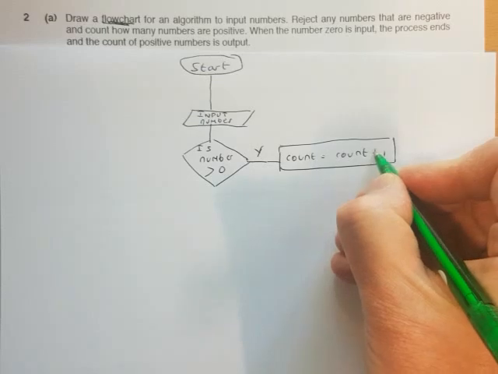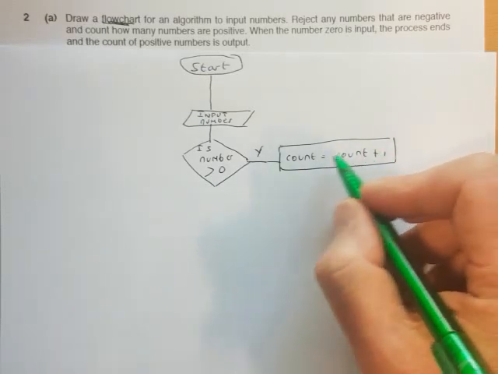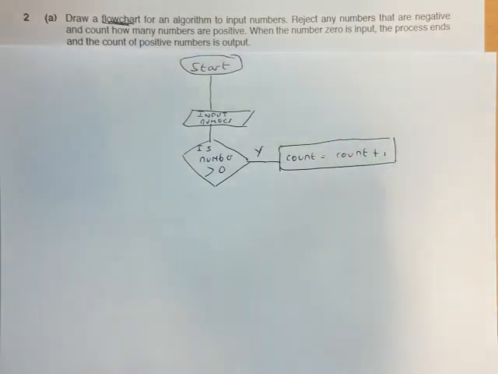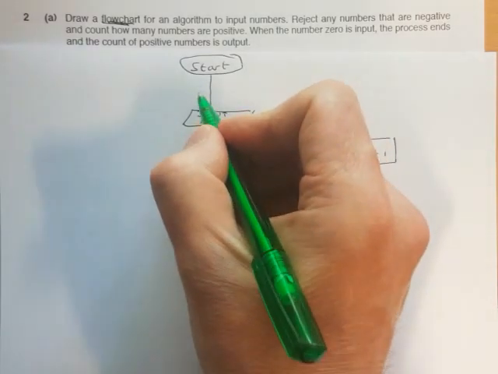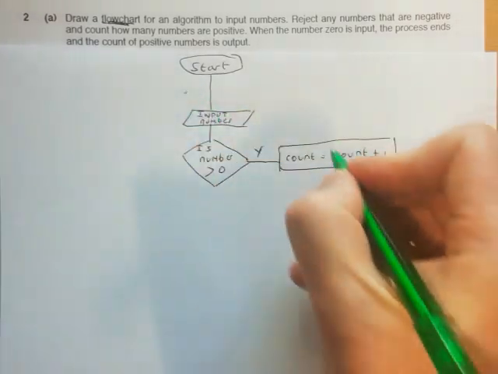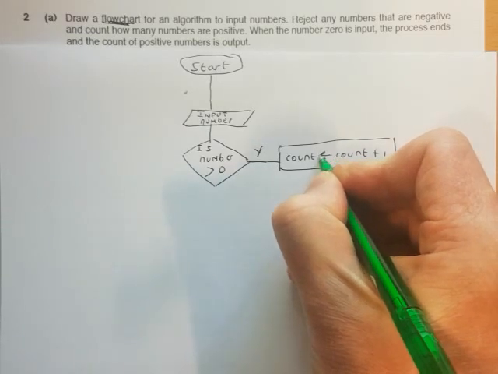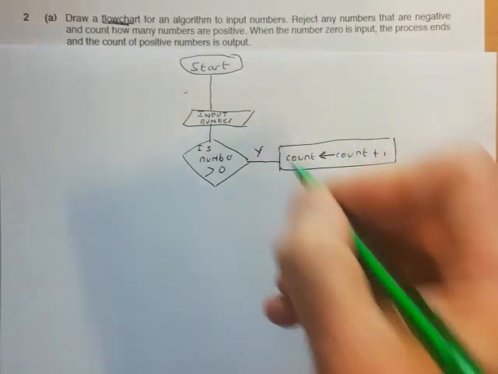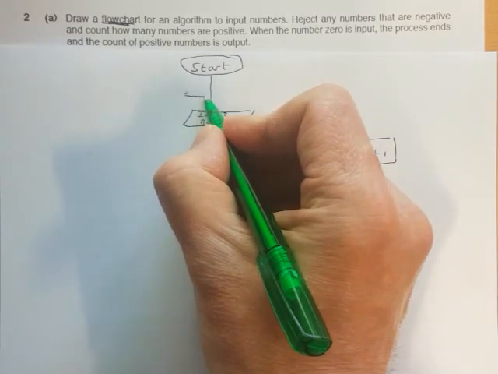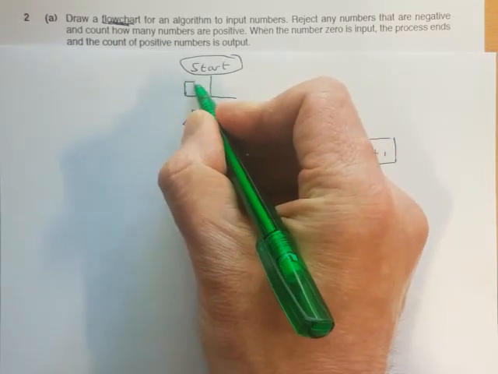Now, because we're adding something to this value of count, it needs to have a value within the program. So what we're going to do is include that here. And again, I've used equals, but we have been using the arrow for assignment, and I'm going to put that in here.